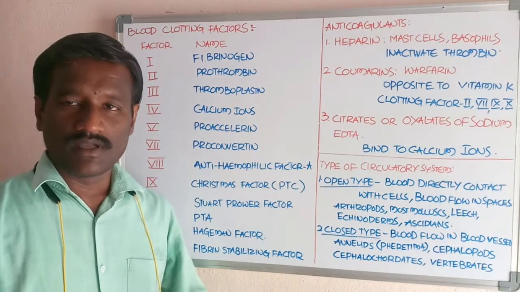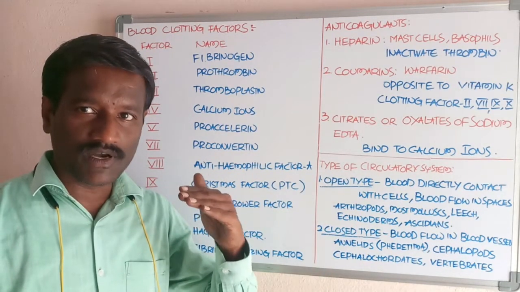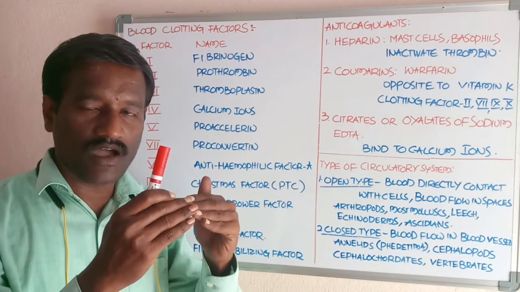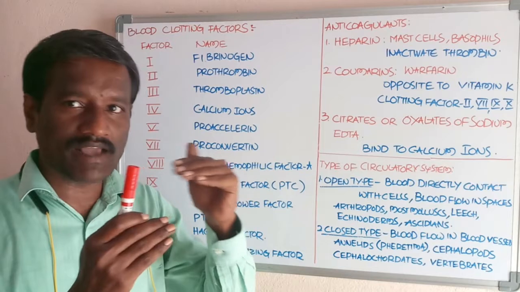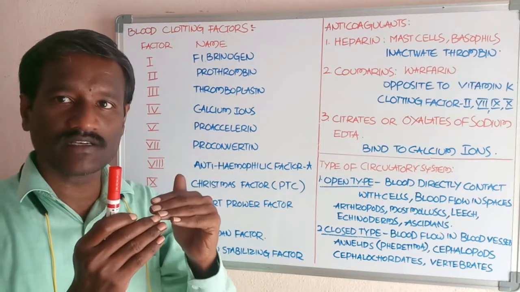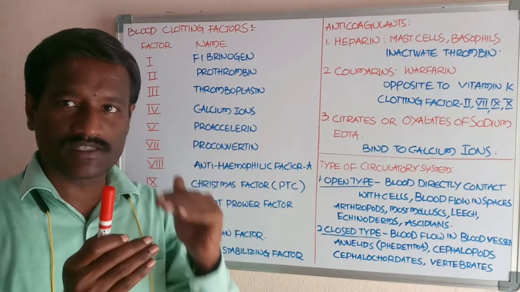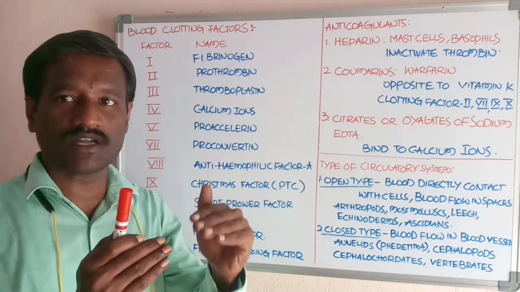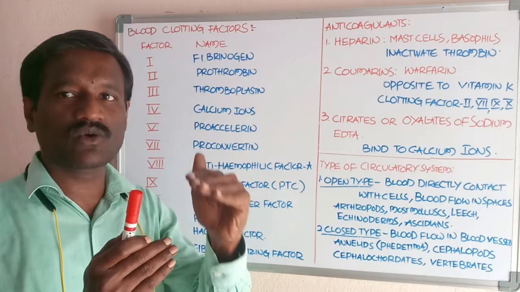In this, body fluids or the blood closely contact the body cells to supply oxygen, nutrients to the cells, different types of materials, water molecules, substances, ions, electrolytes, like that.